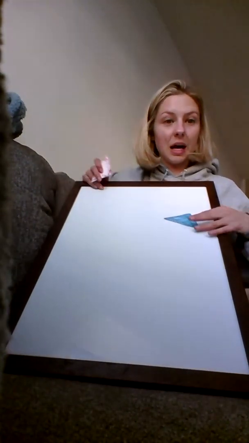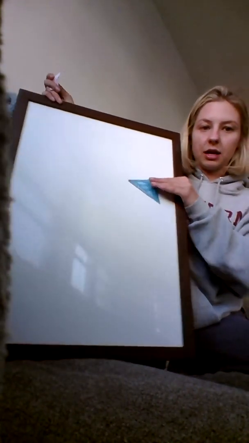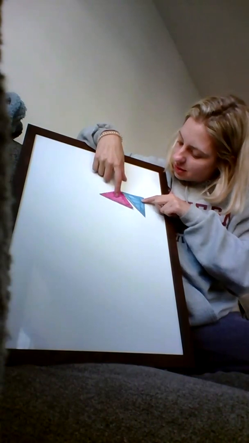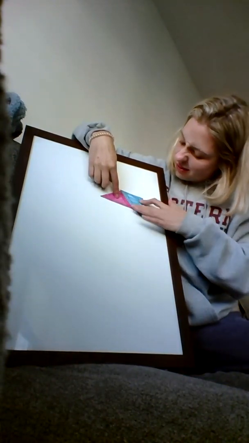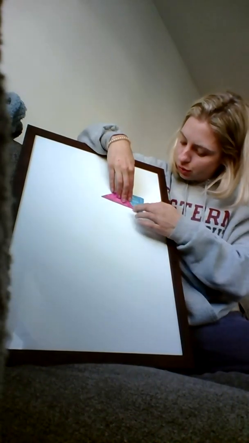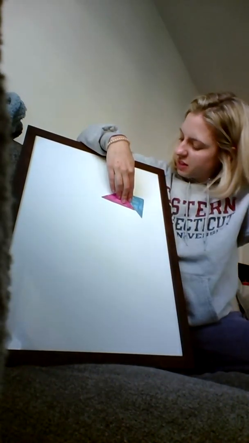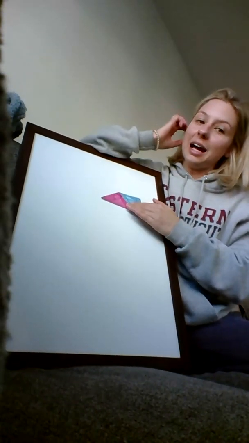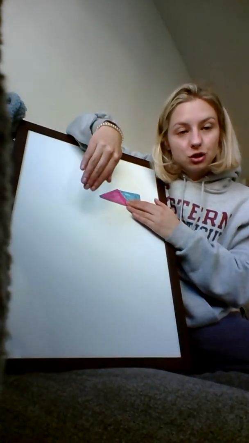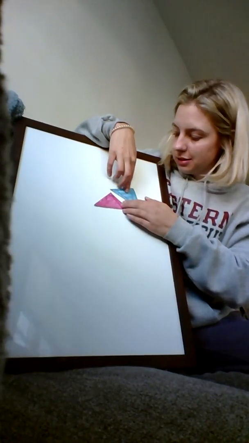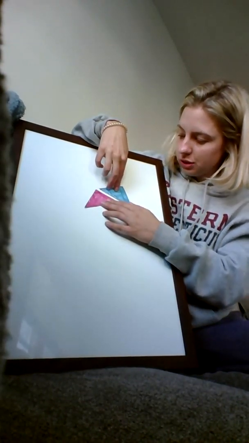What if we wanted to make a bigger shape using these two triangles? Well, I could put it like this. That's kind of confusing because then there would be 1, 2, 3, 4, 5 sides. That's kind of a funky shape, although we could do it. I really want to make a bigger triangle using these two shapes.